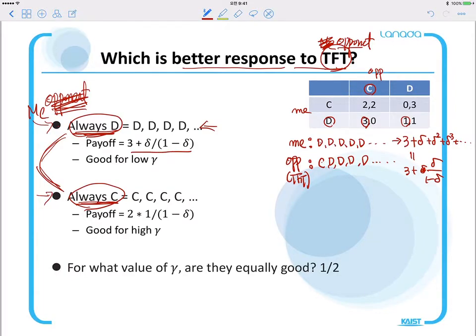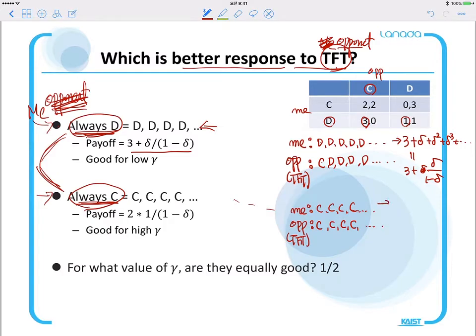Now let's compute my average discounted payoff here. I'm choosing C, and my opponent is T4-10. So he starts with C, and he just copies my previous round, C, and so on. This is the outcome.